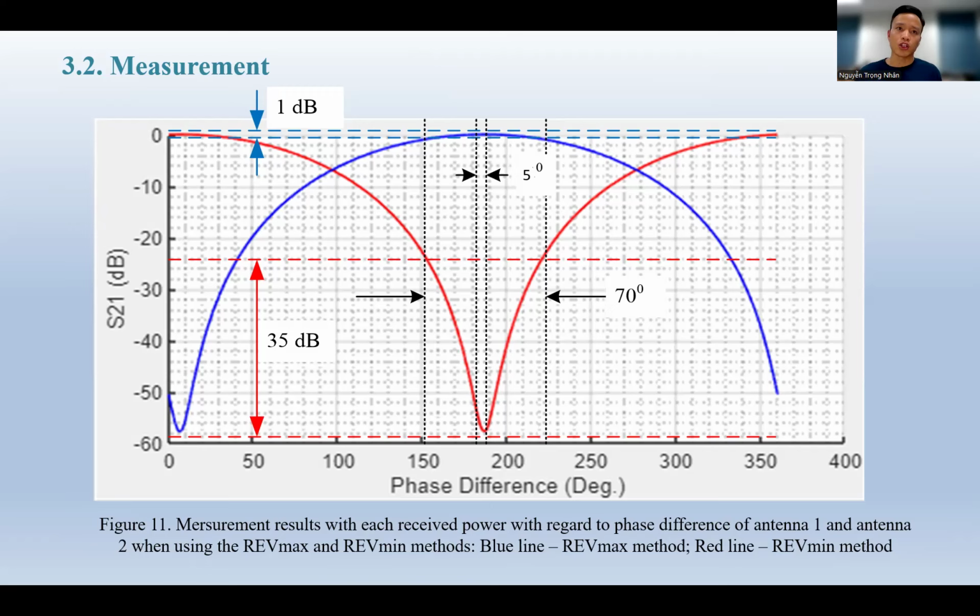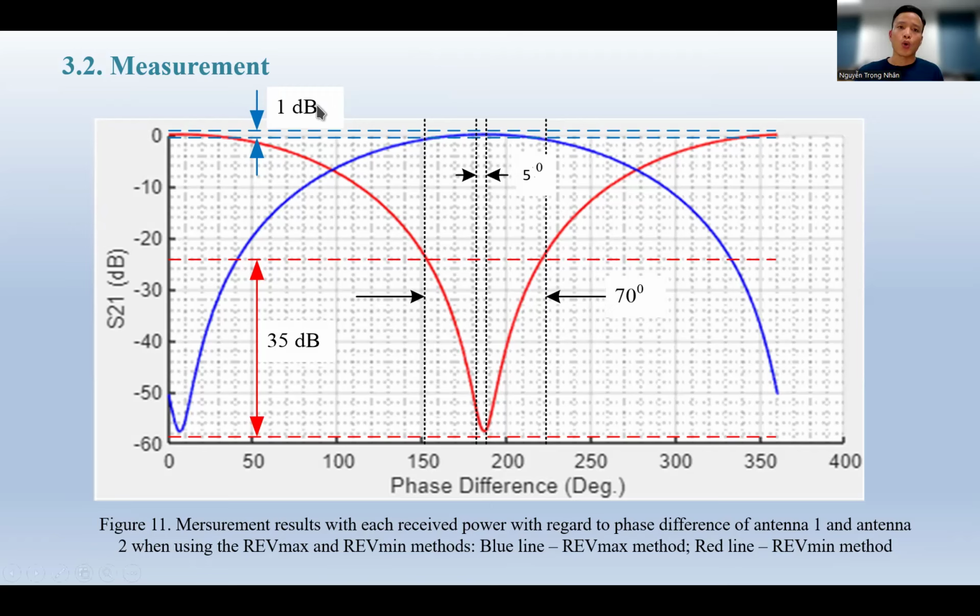Figure 11 shows the received magnitude dynamic range across the 60 phases. For the proposed method and the ref method, it was approximately 35 decibels and 1 decibel respectively.